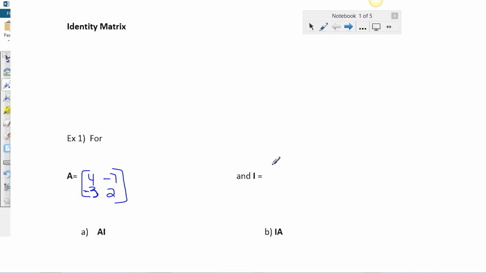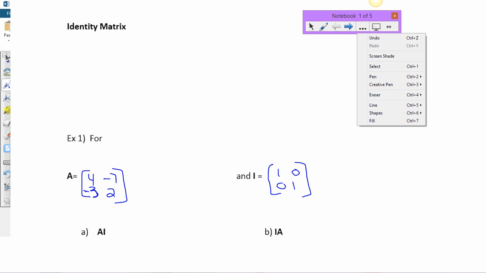And our identity matrix, also 2 by 2, would be 1, 0, 0, 1. So we're going to determine A times I, and then I times A. We're seeing if indeed this is an identity matrix, so we're kind of proving that. If we multiply a matrix by the identity, we should wind up with the matrix A. So that is the overall goal.